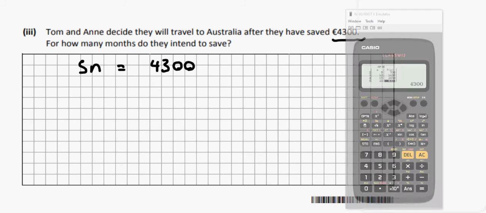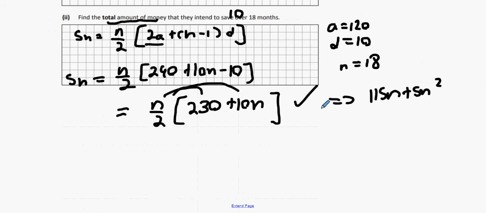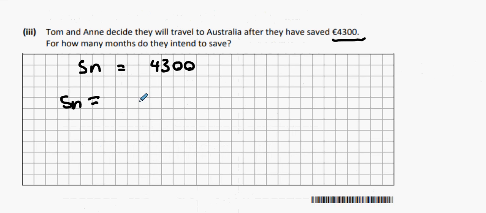You could do trial and error here, where you say, this is my Sn formula, right? So Sn equals 115n plus 5n squared, okay? Now, you could do trial and error where you just say, oh, I did S19, and then I did S15, and then you did S20.